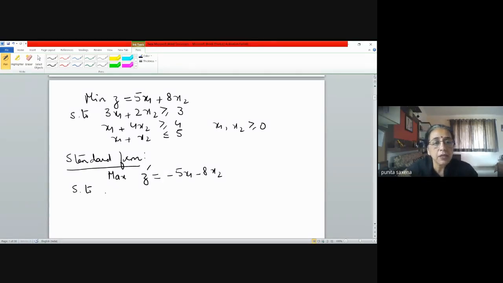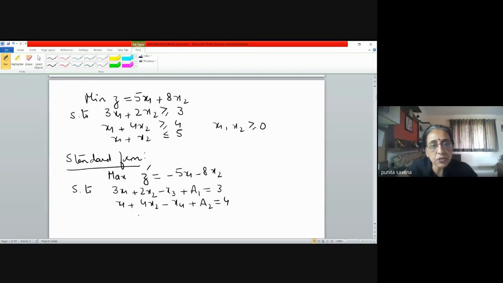So my constraints will now become 3x1 plus 2x2. Now see, it's a more than or equal to type constraint, so I'll have a surplus variable and an artificial variable: minus x3 plus a1 equal to 3. The second constraint will be x1 plus 4x2 minus x4 plus a2 equal to 4. They were both more than or equal to type constraints, so we need surplus as well as artificial variables.